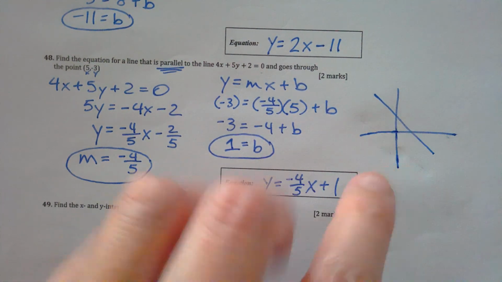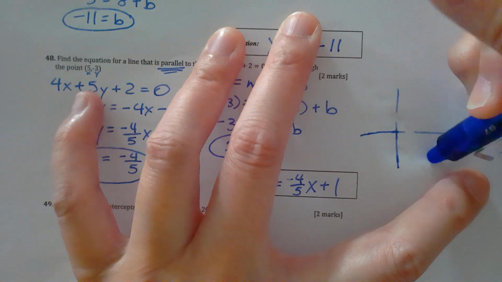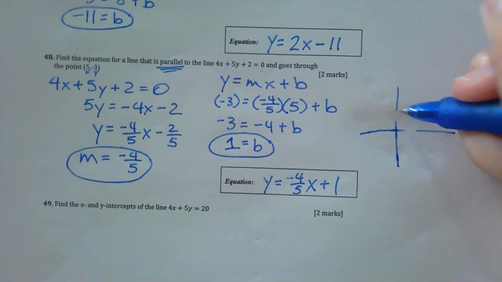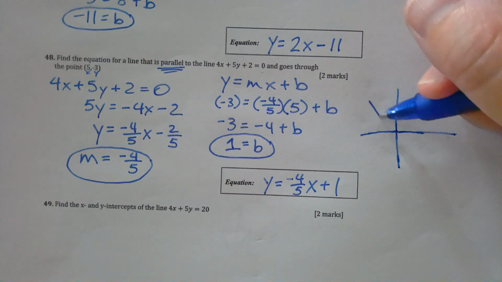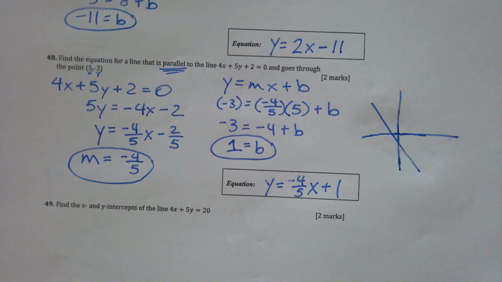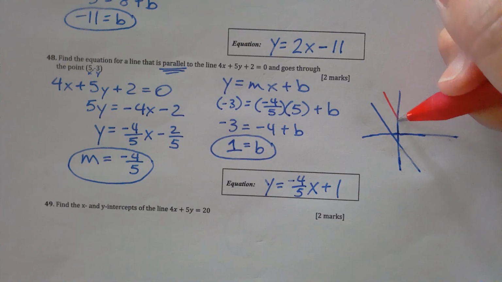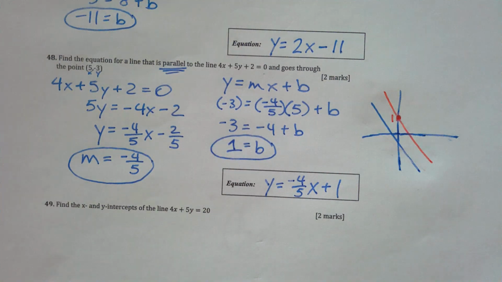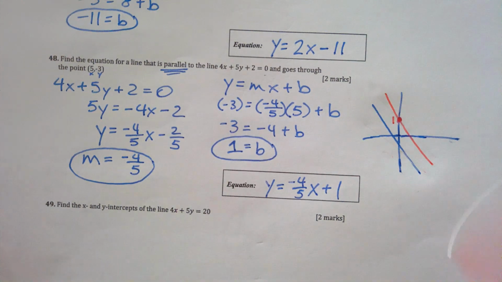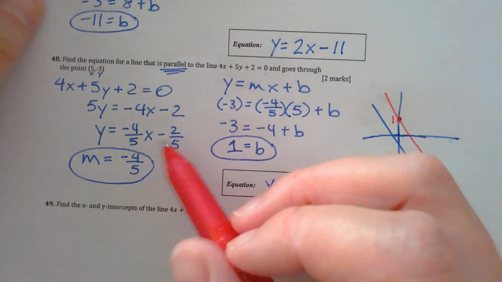So this is -2. I mixed up the two lines. All right, so you were given this line, and you wanted to find the equation of this line, which is parallel to it with a y-intercept of 1. Okay, that's why we didn't care about the -2/5.